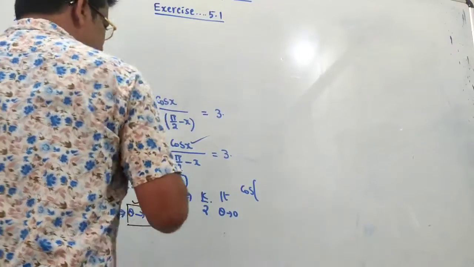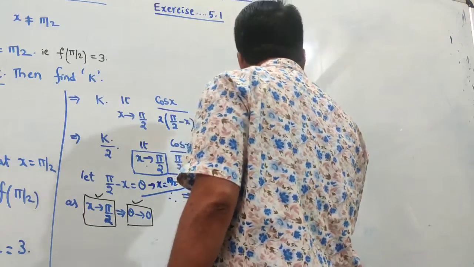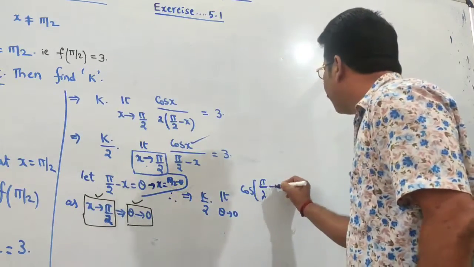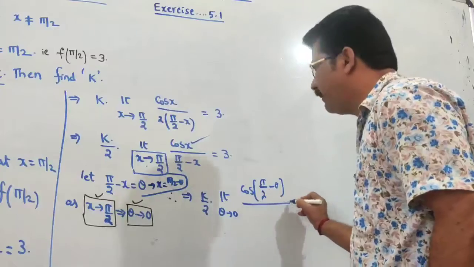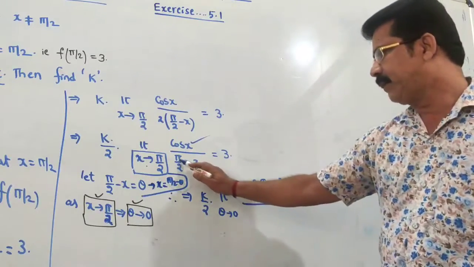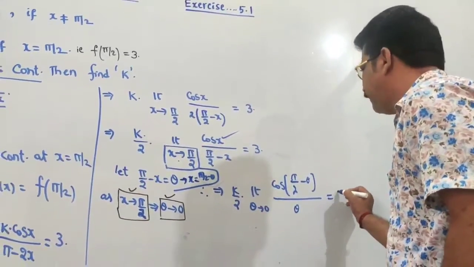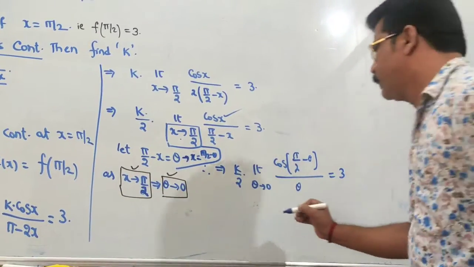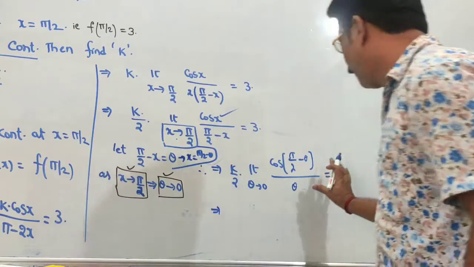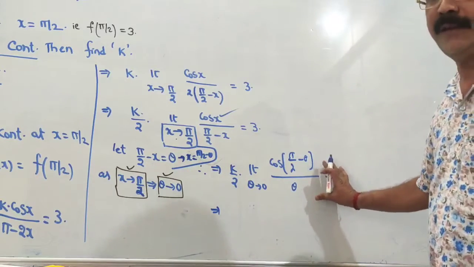So cos of pi by 2 minus theta, whole divided by the denominator pi by 2 minus x, which is theta, is equal to the right-hand side 3. This step is very, very important.